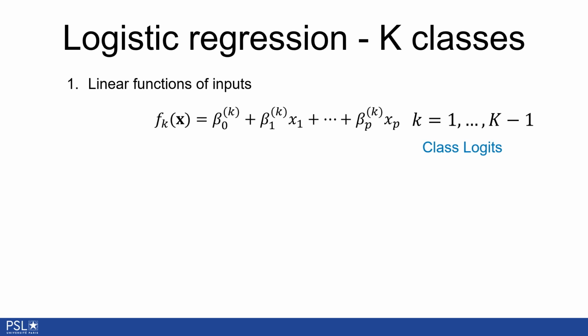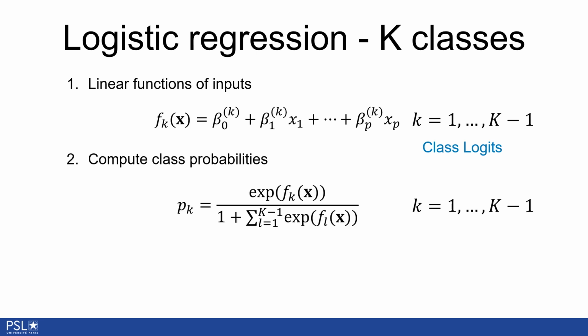The second step is to compute class probabilities for each of the classes. For the first capital K minus 1 classes, we apply an exponential to f_k, and then for normalization purposes, we divide by 1 plus the sum over l from 1 to capital K minus 1 of exponential of f_l.